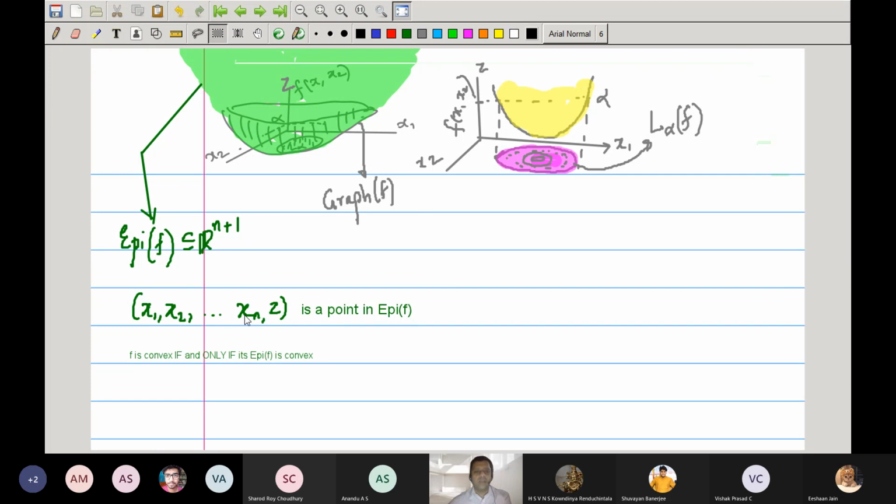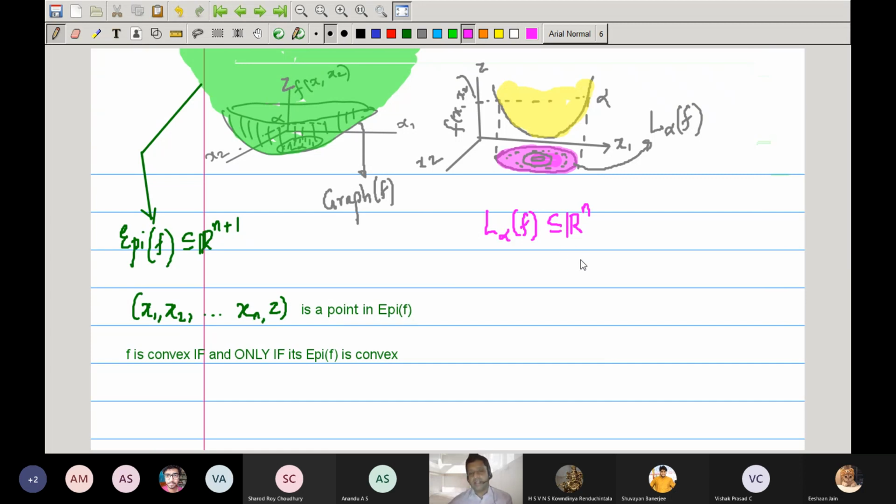Okay, now let's look at the sublevel set view, which is on the right hand side. What you see here is L alpha f, and this is basically in R n.